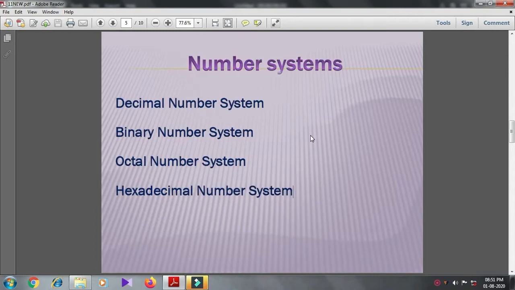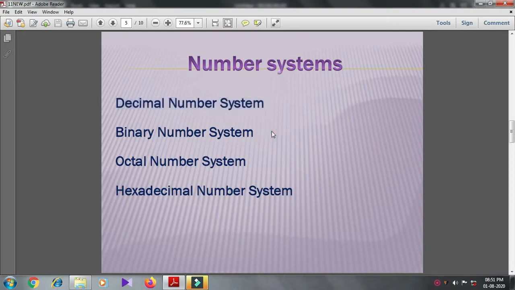Number systems. Number systems are the technique to represent numbers in the computer system architecture. It is the way to represent a number in different forms. In general, we are familiar with the popular number system known as the decimal number system, in which 10 digits, namely 0, 1, 2, 3, 4, 5, 6, 7, 8 and 9 are used to represent any number.